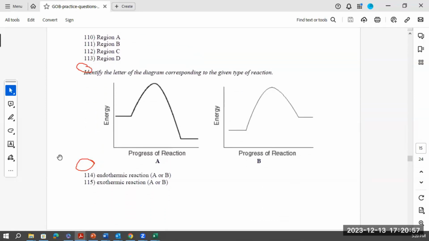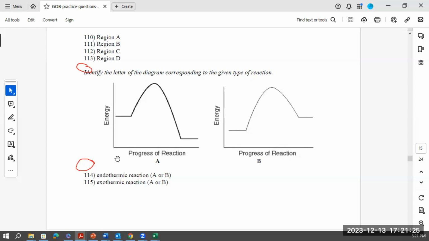Okay, so we're trying to determine which one is an endothermic reaction and which one is an exothermic reaction. Okay. So if our change in energy is a negative value, then it's going to be exothermic. If our change in energy is a positive value, it's going to be endothermic.